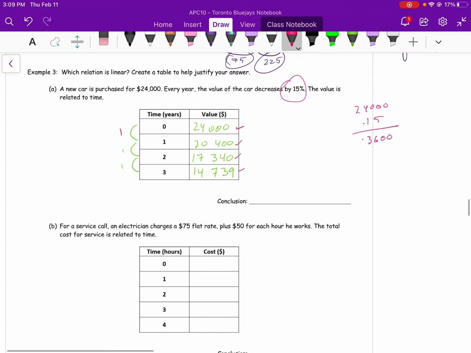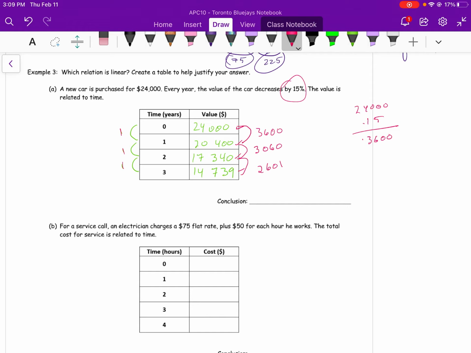And then you can repeat the process to get this value of the car. What we notice as the years increase by 1, the value that we lose on a car actually decreases. So there is a $3,600 decrease in that first year. And then there is a $3,060 decrease in the next year. And between the second and the third year, there is a $2,601 decrease.